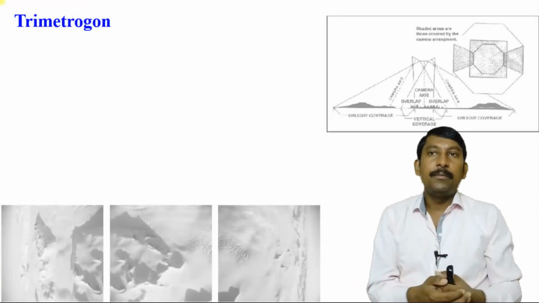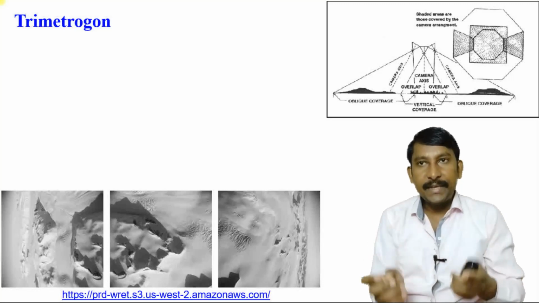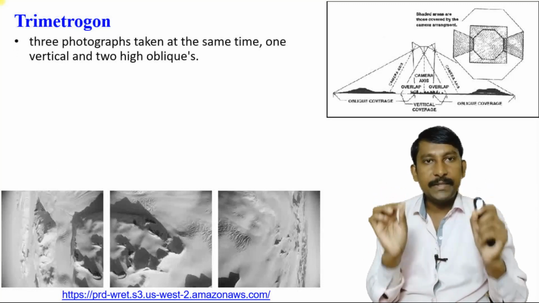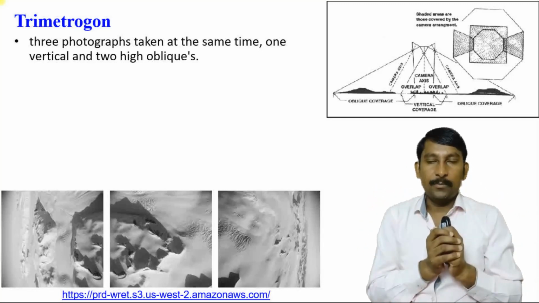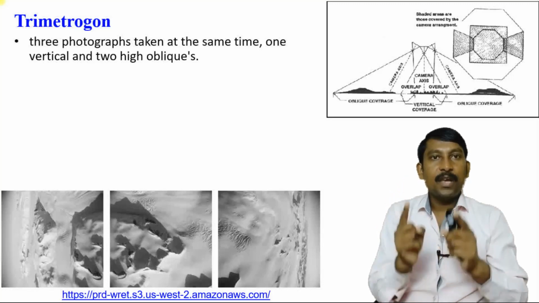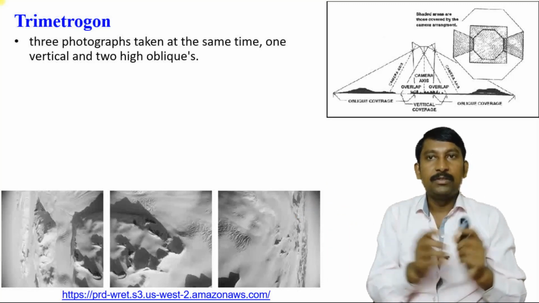Next is Trimetrogon photographs. In this case, you take 3 photographs at the same time, 1 vertical and 2 high oblique photographs. The middle photograph is vertical, and the left and right photographs are oblique.